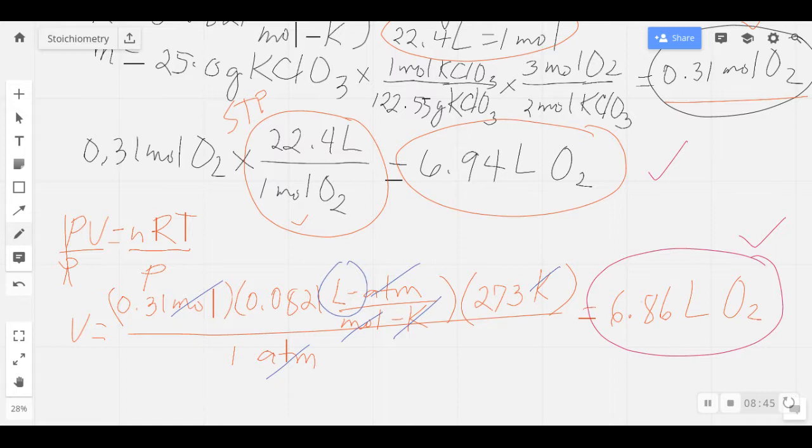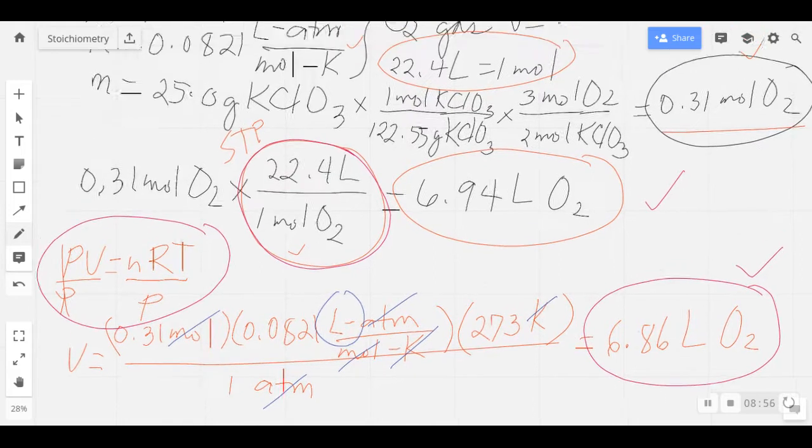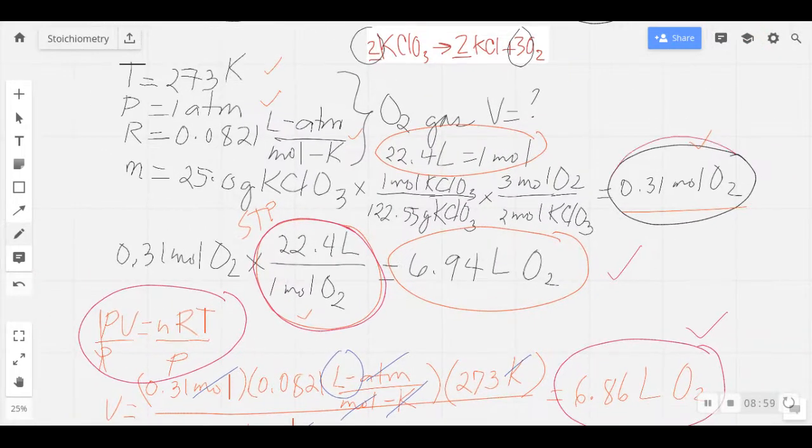So again, if your stoichiometry problem is at STP, you may use this direct conversion right away, or you may just use your ideal gas law, granting that the basic here is you need to be able to get your n or moles of O2 from the given mass of potassium chlorate, because the calculation involves gases, not the potassium chlorate. So that's where stoichiometry is.